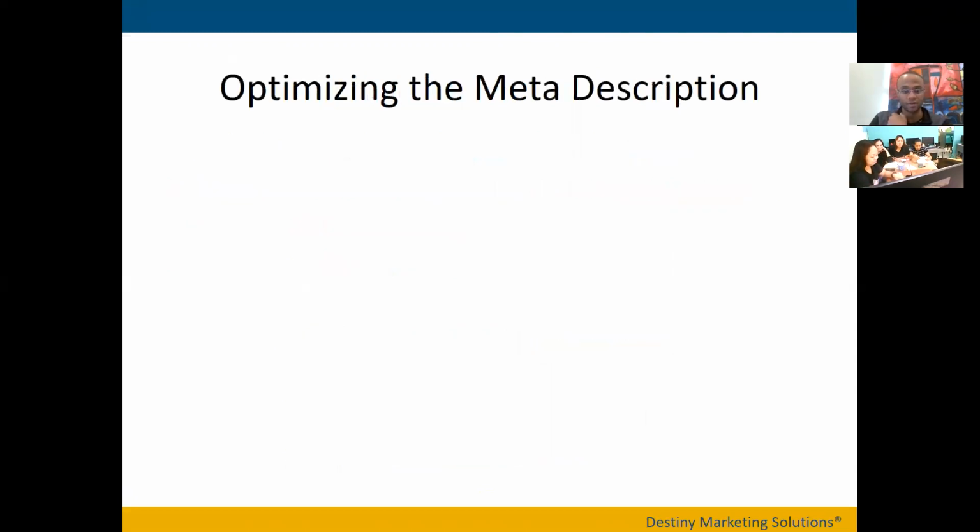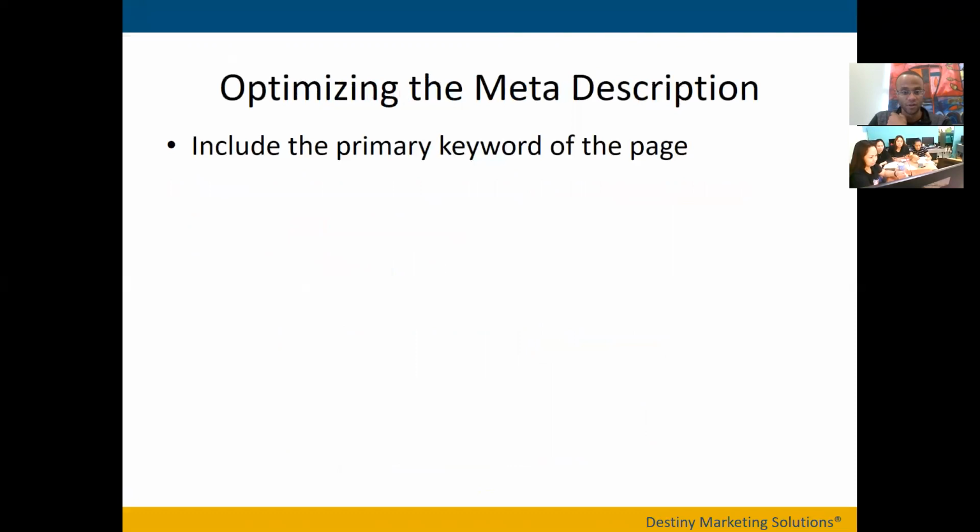Optimizing the meta description. Again, you want to include the primary keyword of the page. You want to include a call to action. Joy, what is a call to action? Click here.